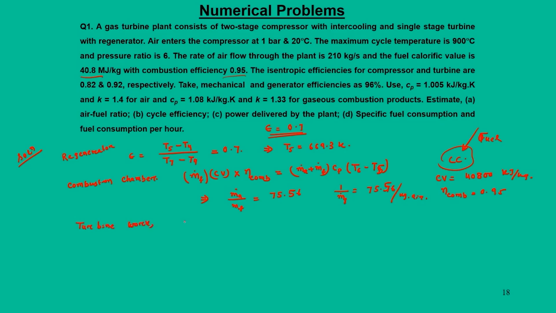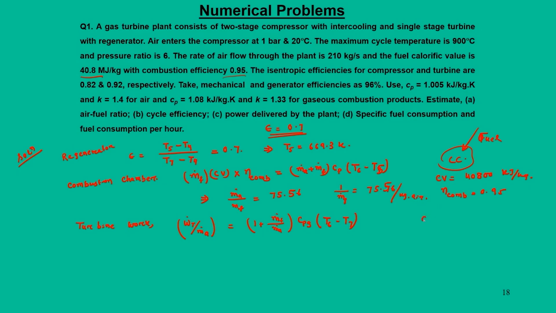We write that W dot T per kg of air is equal to 1 plus m dot F by m dot A, into Cpg into T6 minus T7.